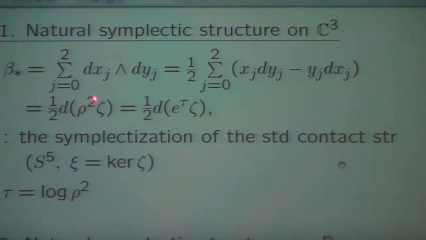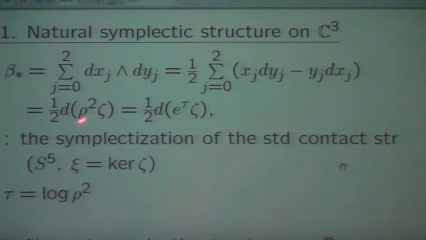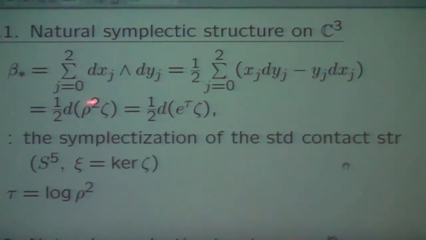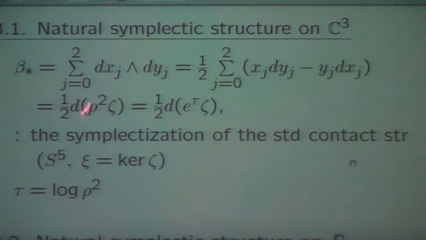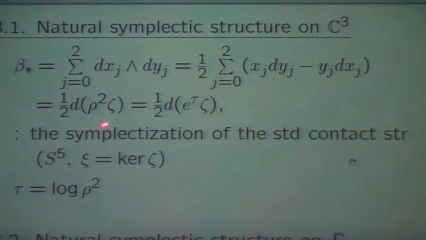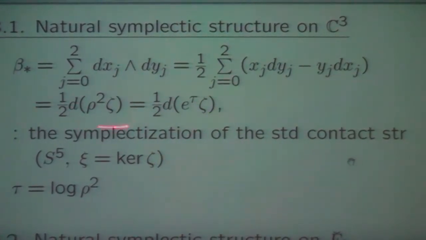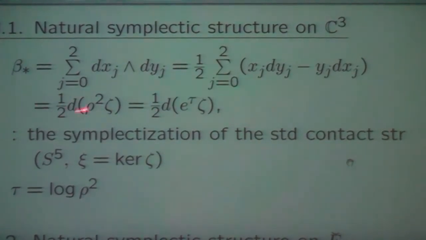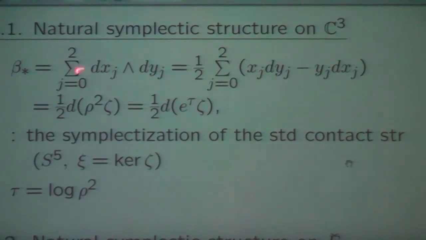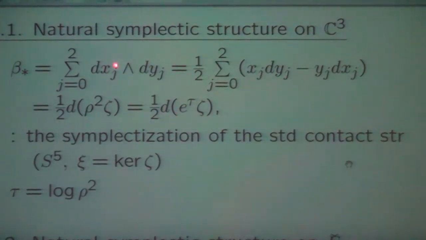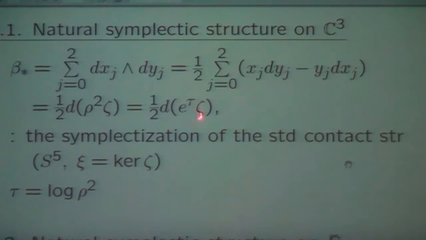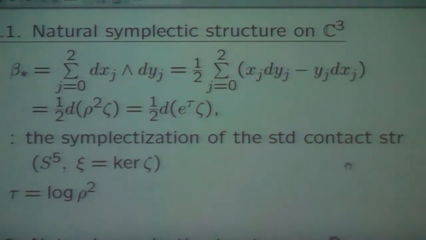Rho square is really useful for us as a radial coordinate. And if you take the exterior differential, then it gives you the standard symplectic structure. So this is nothing but the symplectization of the standard contact structure on S5.